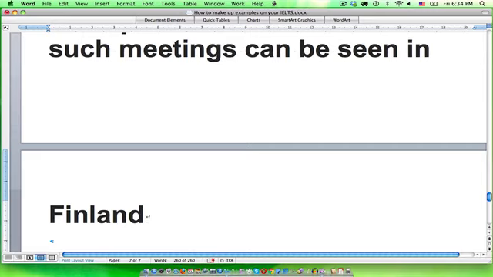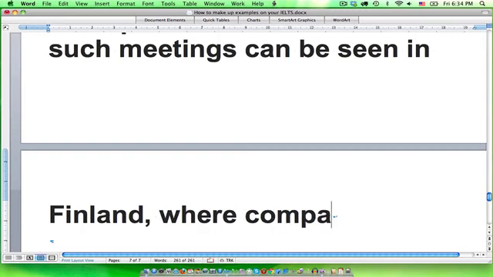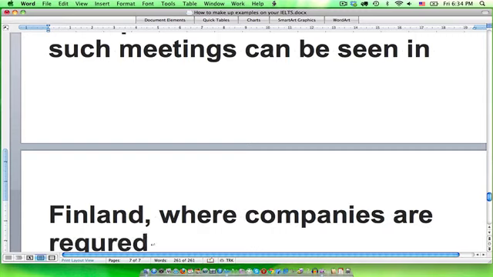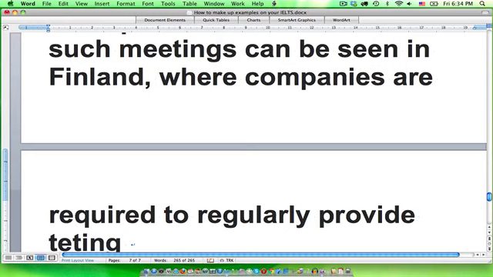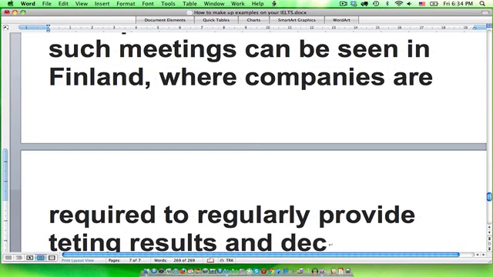In Finland, and let's just expand this a little bit further, where companies, let's say, are required to regularly provide testing results and perhaps declare any concerns.